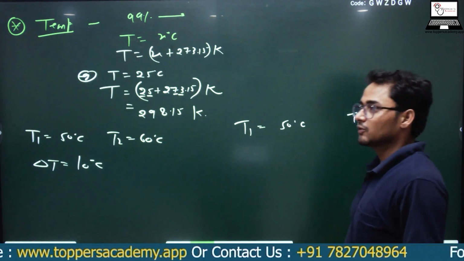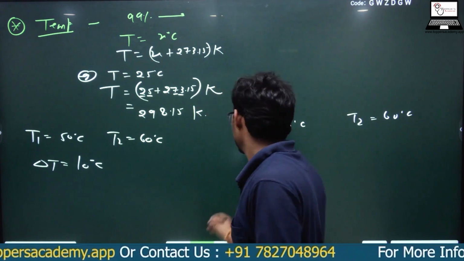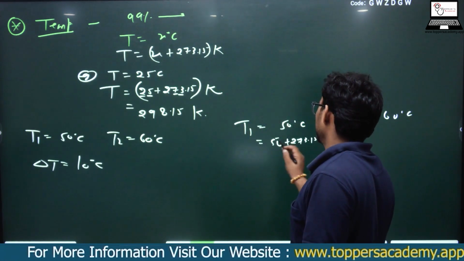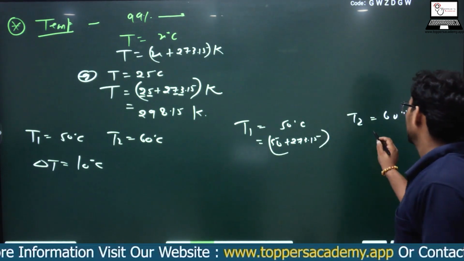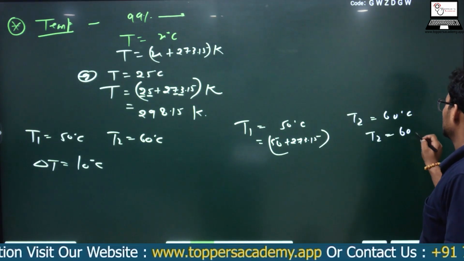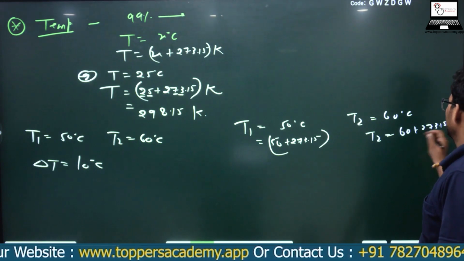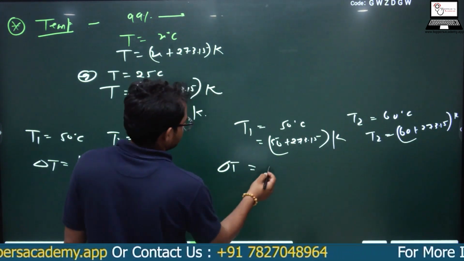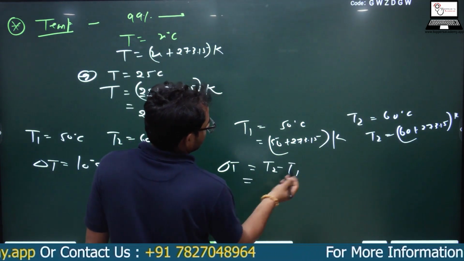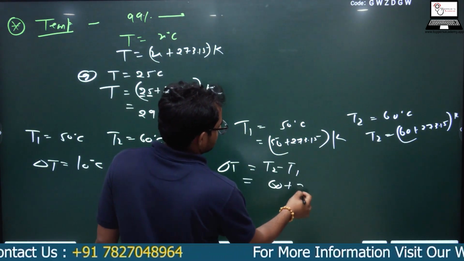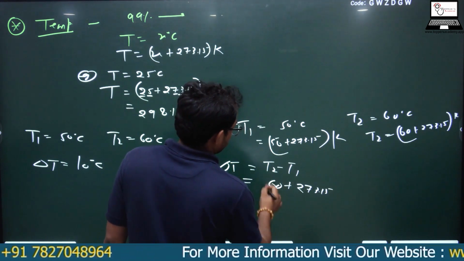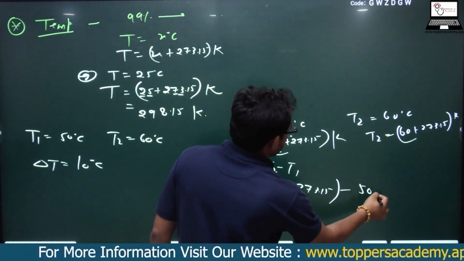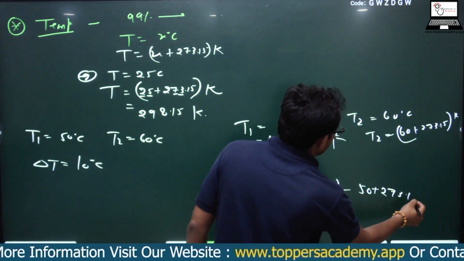See, T1 is 50 degree Celsius, T2 is 60 degree Celsius. So first of all I will have to convert into Kelvin, so I will add 273.15 Kelvin. Now I will see the difference in temperature, T2 minus T1. Now T2 is 60 plus 273.15, T1 is 50 plus 273.15.